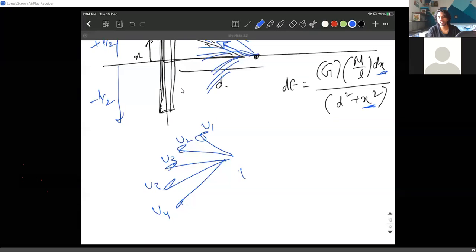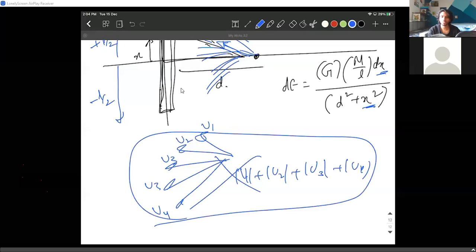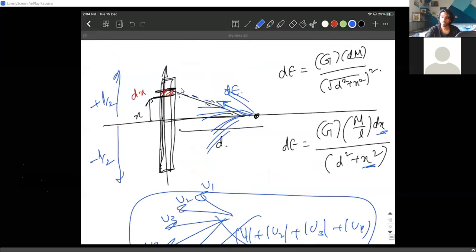You cannot directly add the magnitudes of v1 and v2 and v3 and v4 and say that is the resultant. If you directly integrate this, you're doing the same thing, simply adding all the magnitudes.